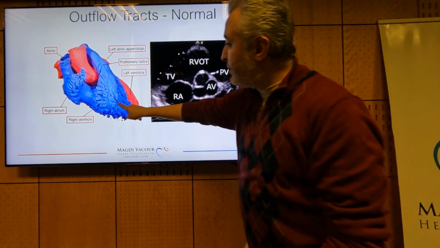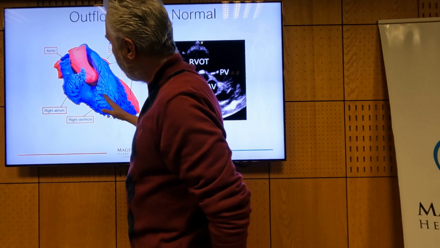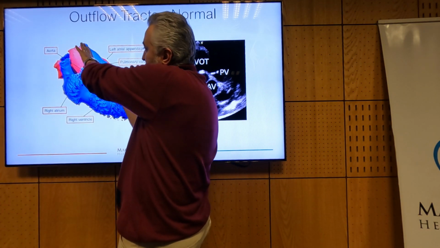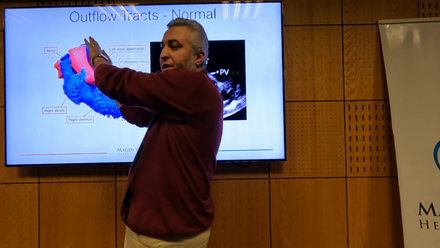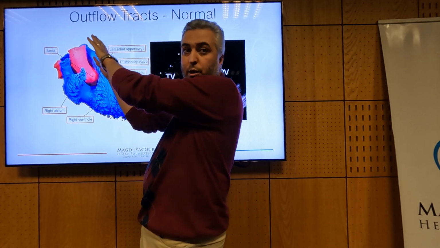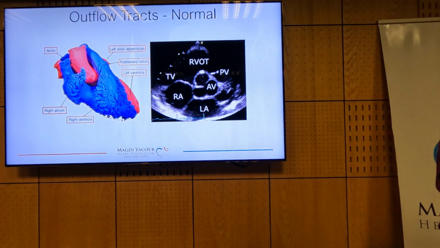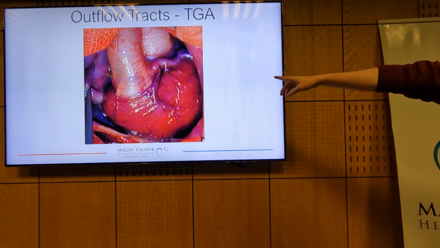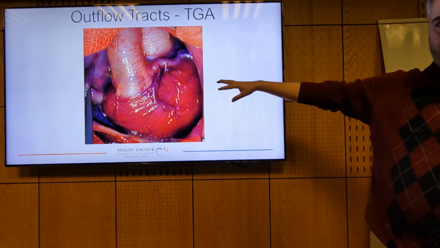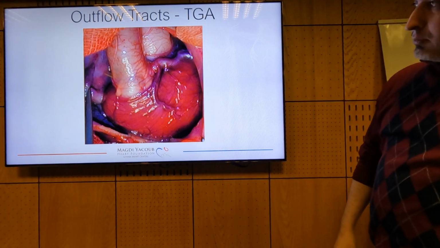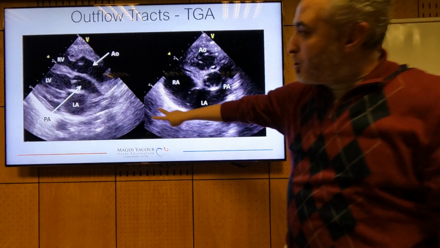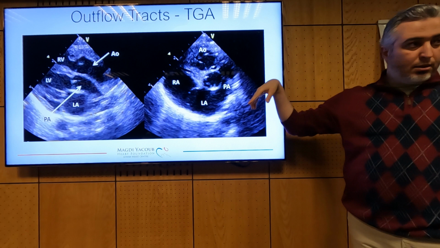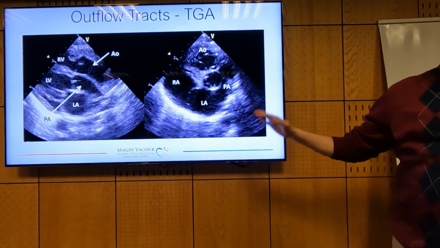So if this right ventricle gets connected to the aorta, just in front of it, while the posterior ventricle connects to the pulmonary artery, they do not need to cross each other. So they are parallel, and then you can see them parallel to each other. This is the TGA. In this case, that's a DTGA. And then you can find them both at long axis or both at short axis. So this is TGA.